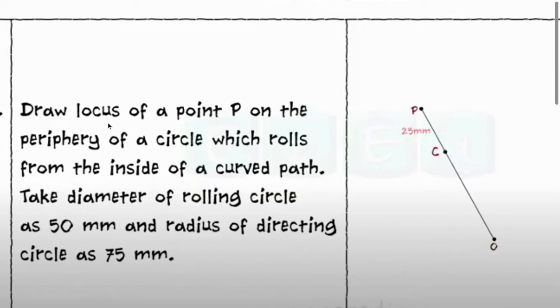Take the diameter of the rolling circle as 50 and the radius of the directing circle as 75. Alright? So what's the diameter of the rolling circle? 50 millimeters. So what will be the radius of that rolling circle?